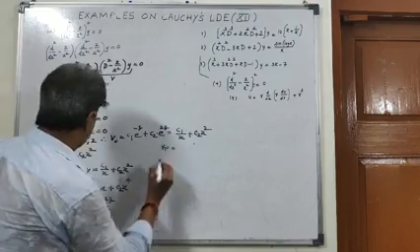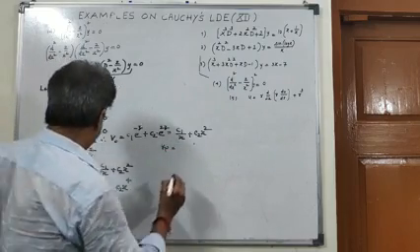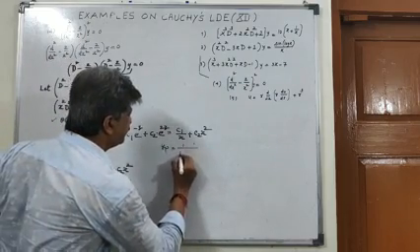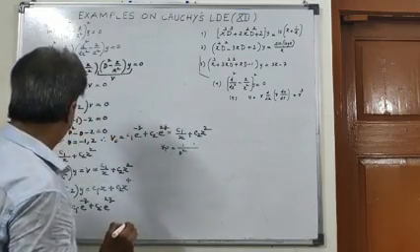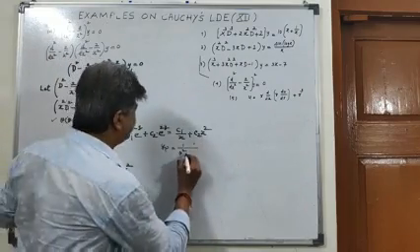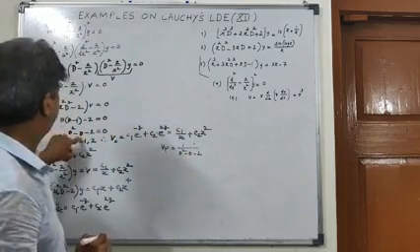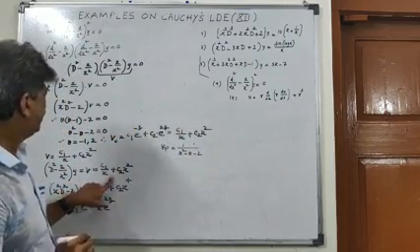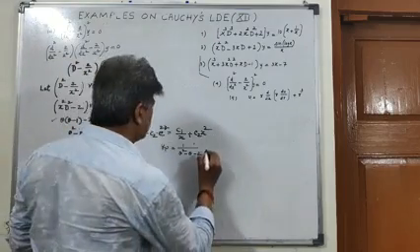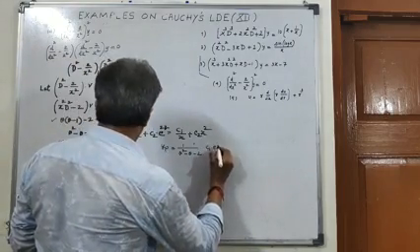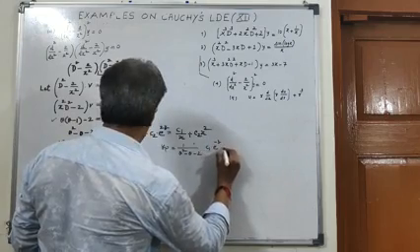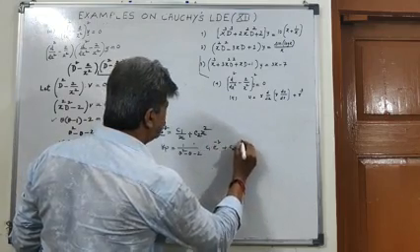YP is 1 upon theta square minus theta minus 2 operating on this, C1 into e raised to power minus z plus C2 into e raised to power z.